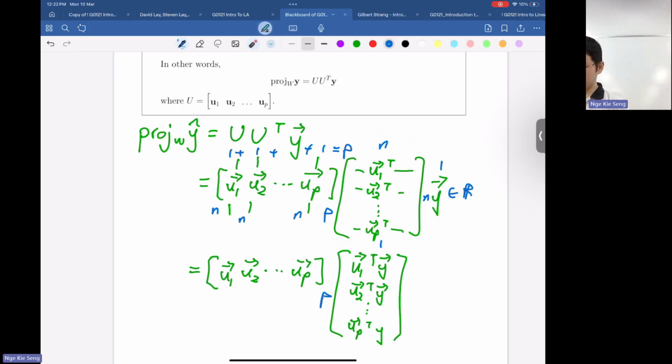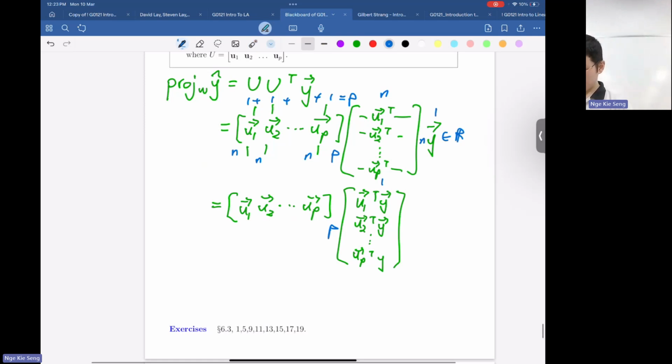So what do you expect here? All these entries are just numbers. But remember, what is a vector transpose times a vector? This is the definition of an inner product. So basically what you have here is a bunch of inner products.